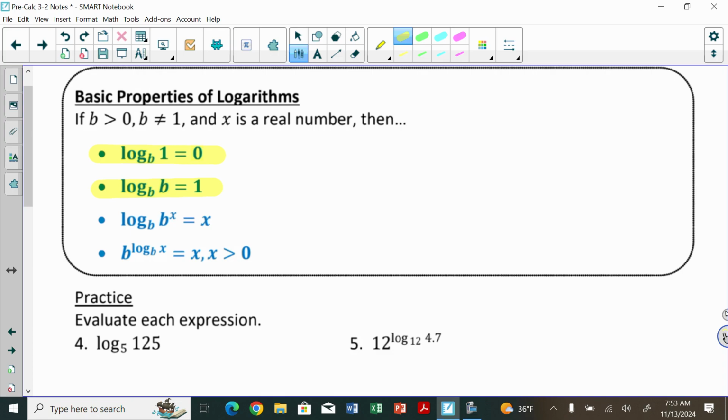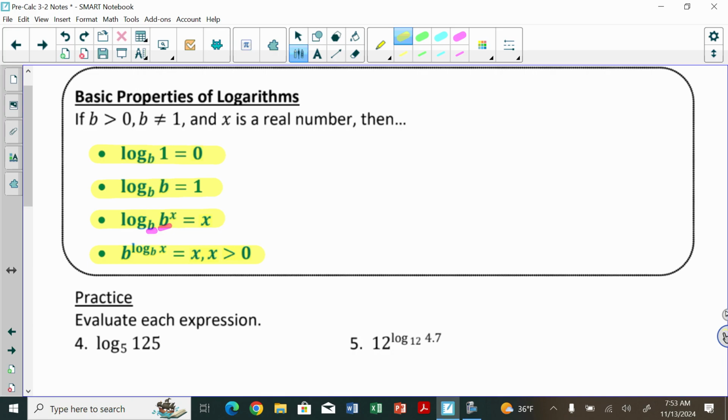We also know that log base b of b to the x power equals x. Just keep in mind there, what you see is you've got a log base b, and then the actual base is b as well to the x power. And then finally, if we have b to the log base b of x power, then that's going to equal x as long as x is greater than 0.